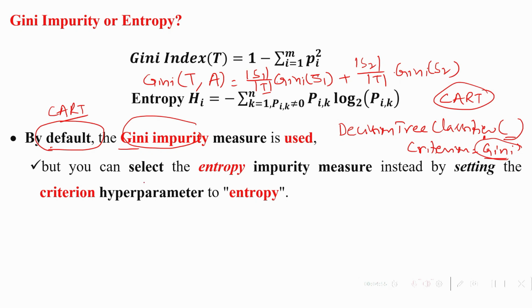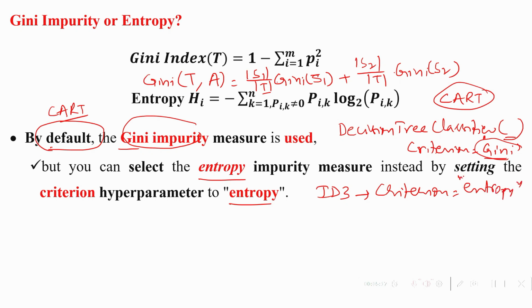But if you want to select entropy as the measure, you set the criterion hyperparameter to entropy. That means if you want to implement the ID3 algorithm, then you have to select criterion equals entropy in the decision tree.